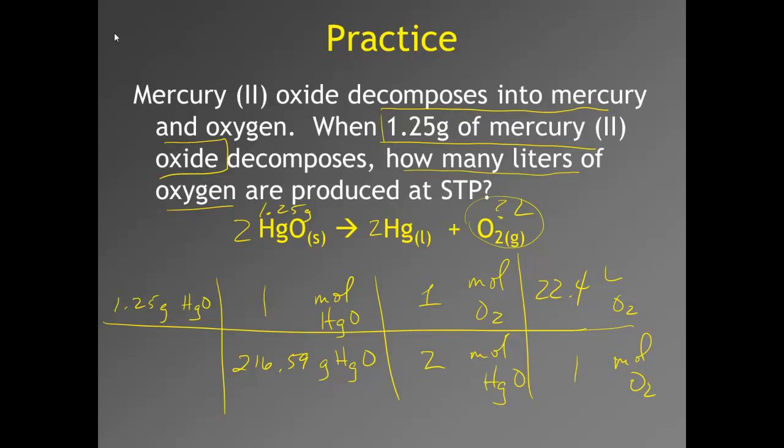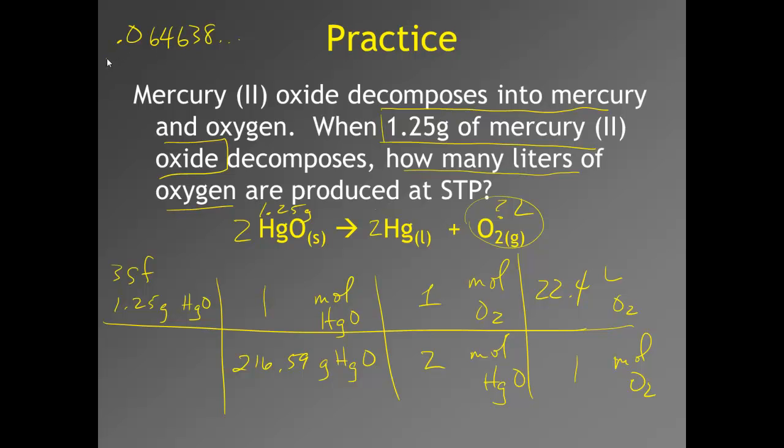And I'm going to write it up here since I'm running out of space. 0.064638. Okay, and again, some more numbers. Checking for sig figs, the 22.4 is 3, the 216.59 is 5. Those numbers are infinite. My starting value is 3 sig figs, which is my least. So that's what I'm going to go with.